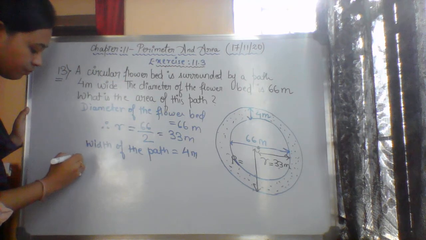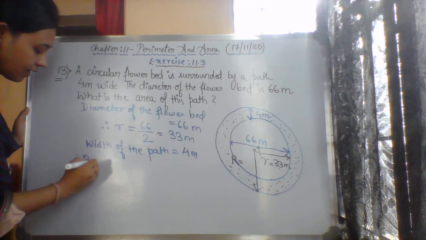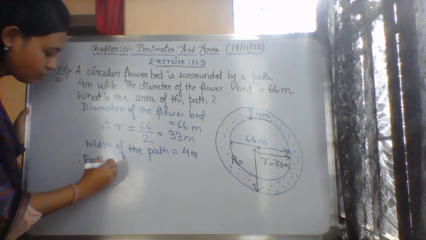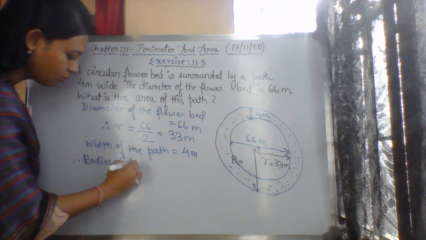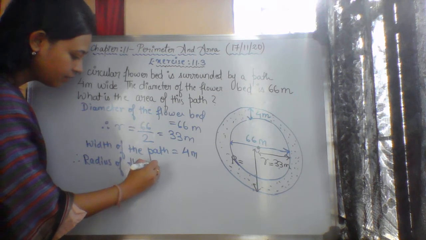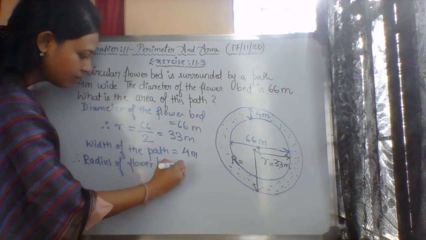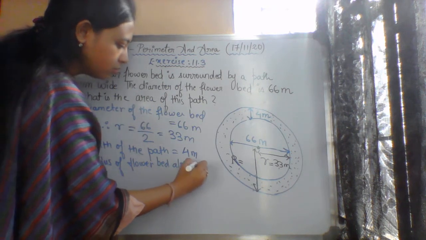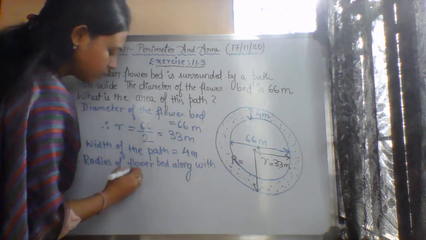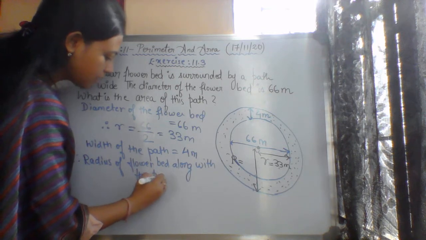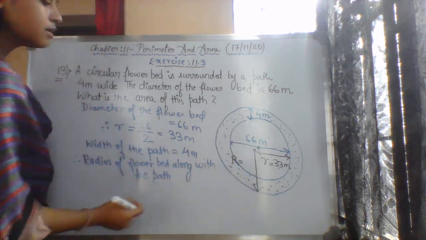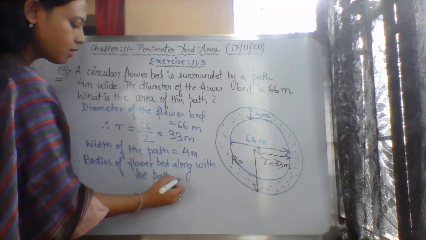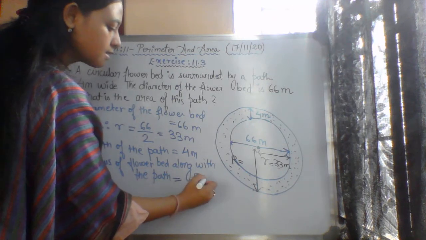So therefore, the radius of the flower bed along with the path, I have denoted with capital R since it is a bigger circle.